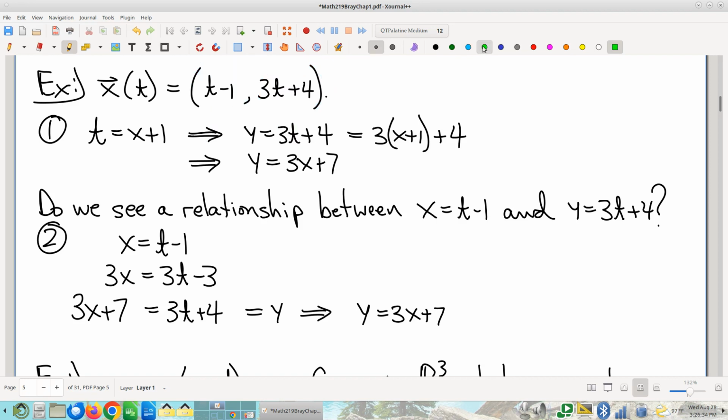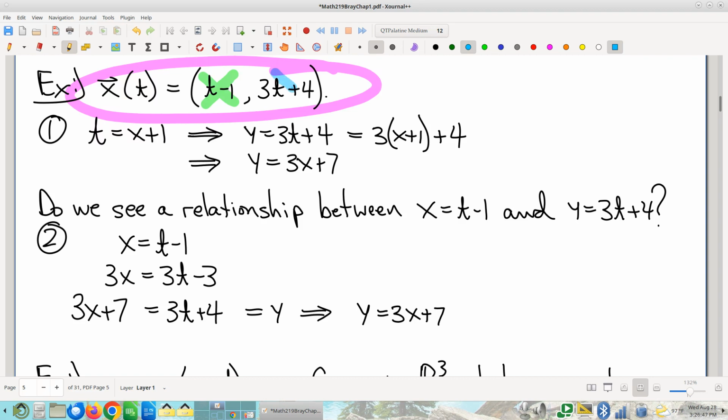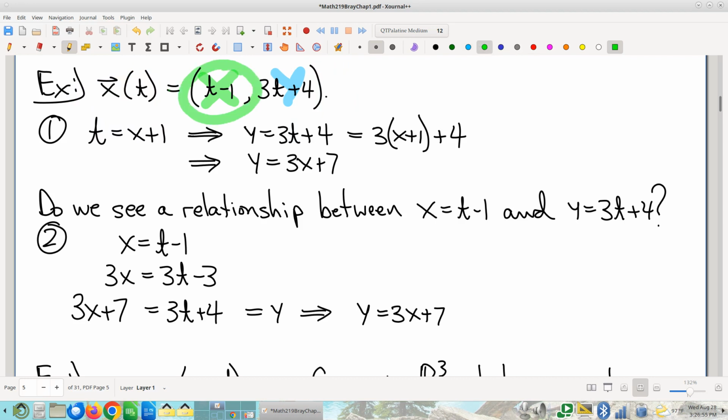Don't forget, when you describe position, the first coordinate of what you're describing is probably what you're going to call x. And likewise, the second coordinate is presumably what you're going to call y. So this doesn't just say t minus 1. This says x equals t minus 1.